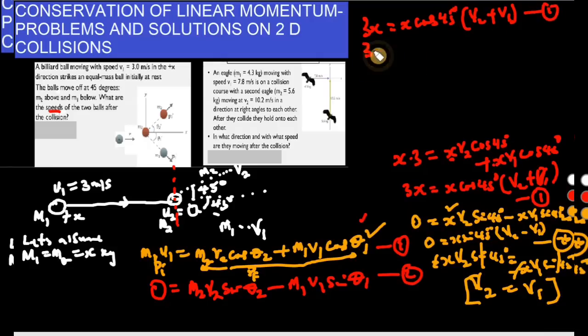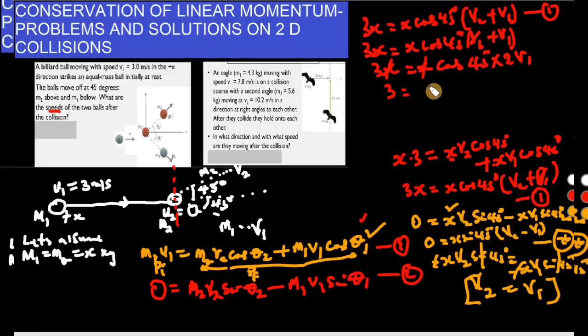If v2 equals v1, we place v1 anywhere we see v2. So this is v1 plus v1, and this becomes 3x equals 2v1 cos 45 degrees.